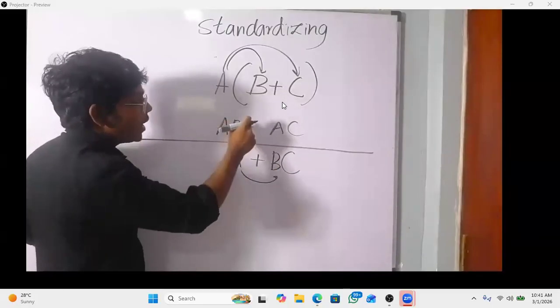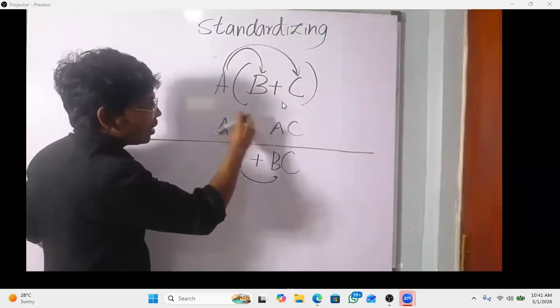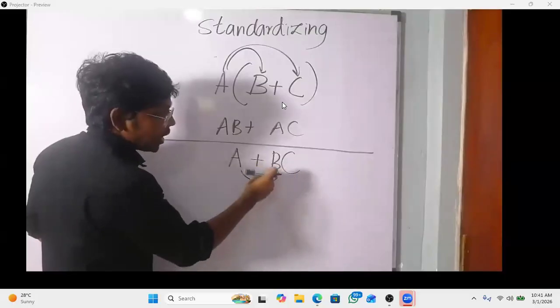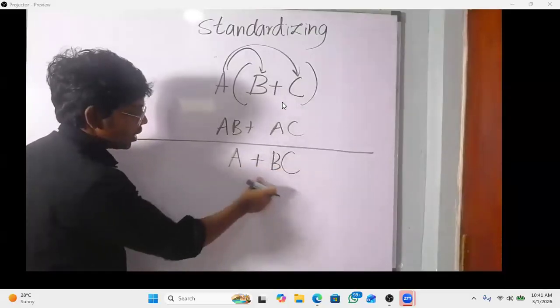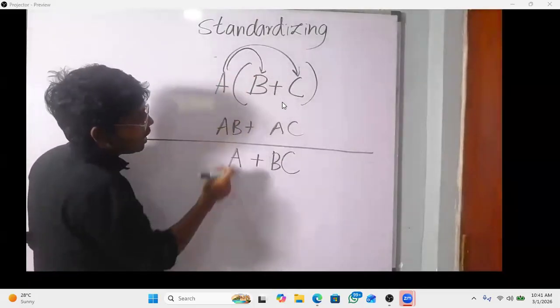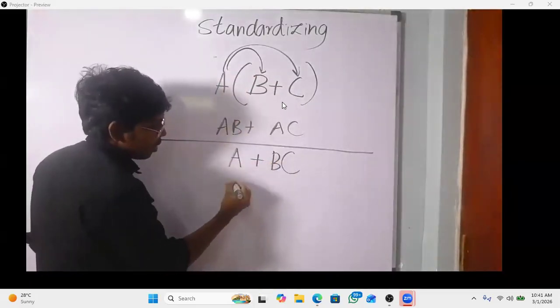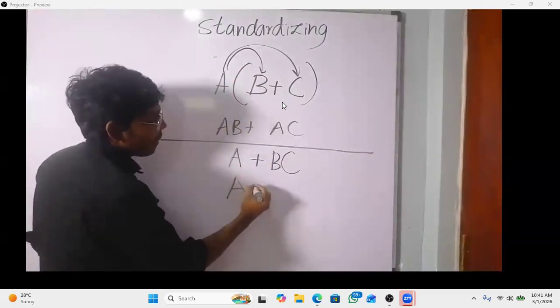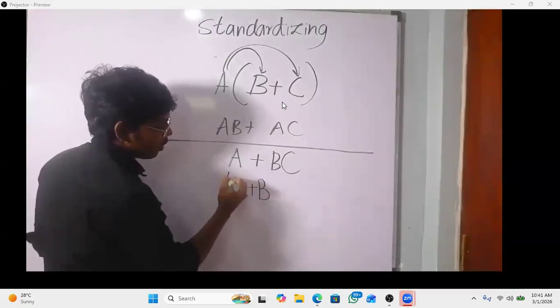Here you added the multiplied two terms. Here I am going to multiply the added two terms. Opposite. Here you have AB, I write A plus B. First bracket.